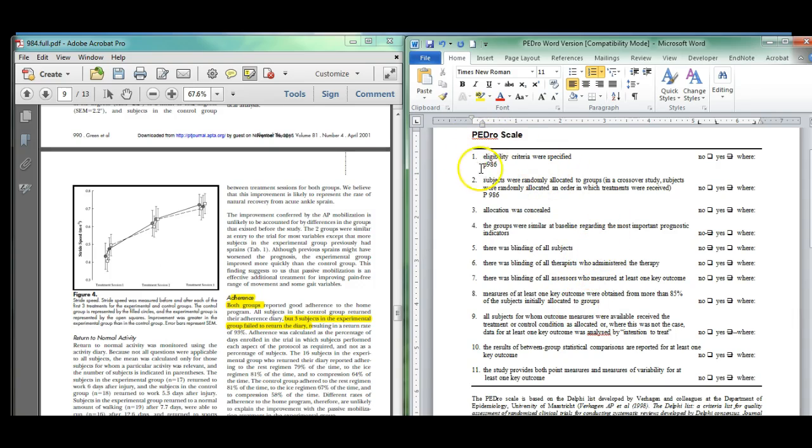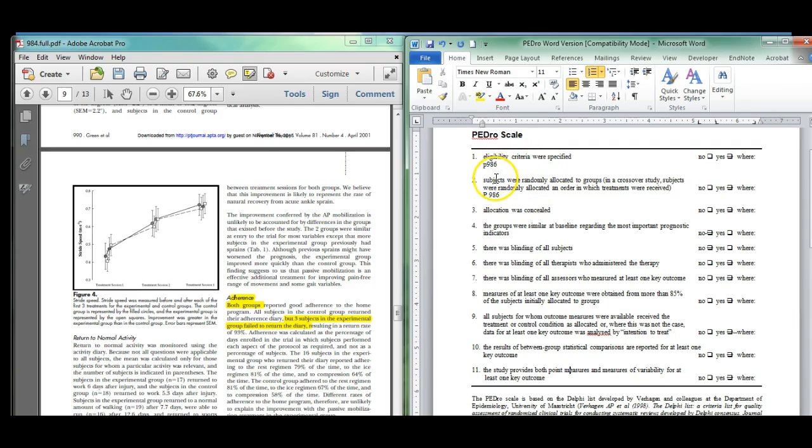So using the Pedro scale is actually becoming almost what I would call the gold standard for you as a researcher to use prior to turning in. Some journals will actually have you upload your Pedro scale assessment, and they'll go directly into your manuscript that you are submitting and confirm what you have written in your Pedro scale. And if you're missing something, then they just automatically reject it.